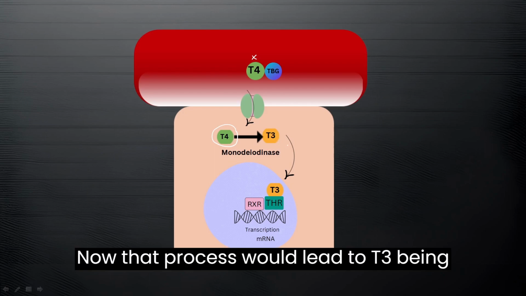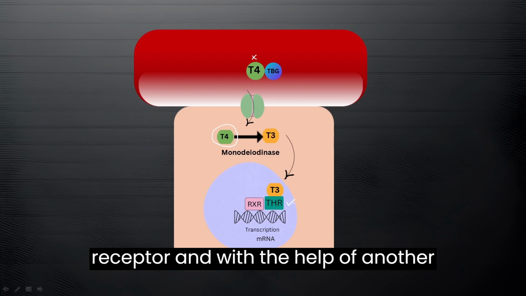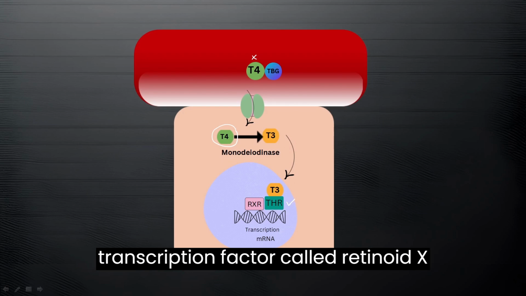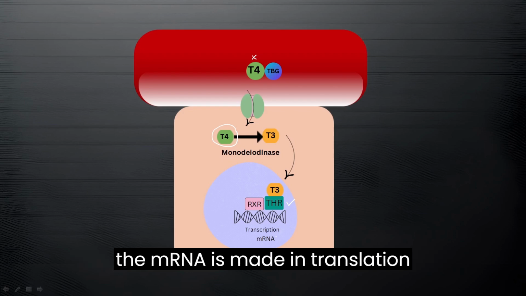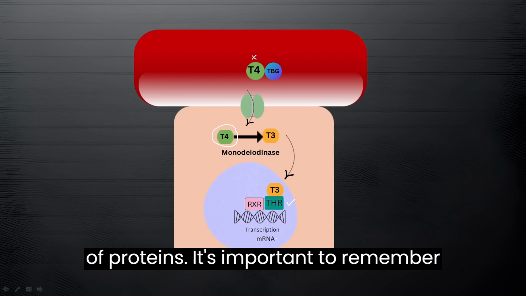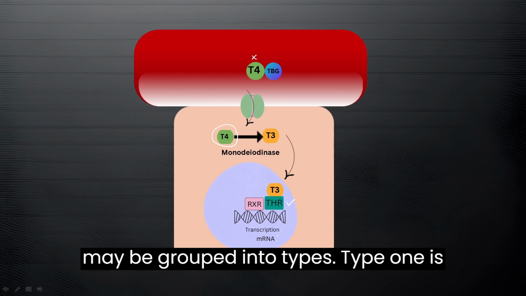And this, in fact, accounts for about 85% of the total T3 levels in the body. Now, that process would lead to T3 being available to bind to the thyroid hormone receptor, and with the help of another transcription factor called retinoid X receptor, there is transcription, and then the mRNA is made and translation of proteins. It's important to remember that the monodeiodinase enzyme may be grouped into types.